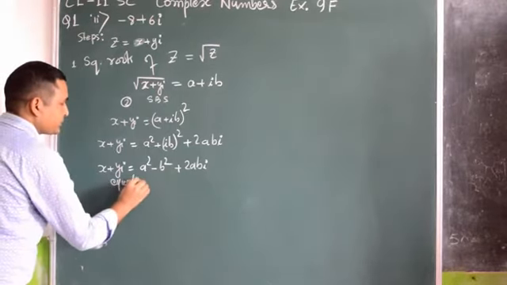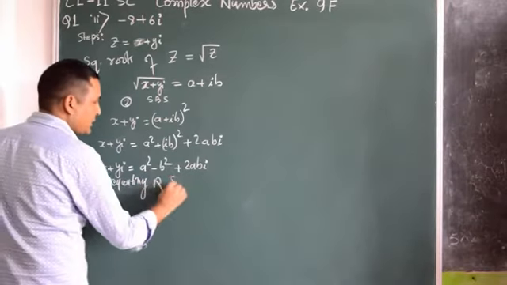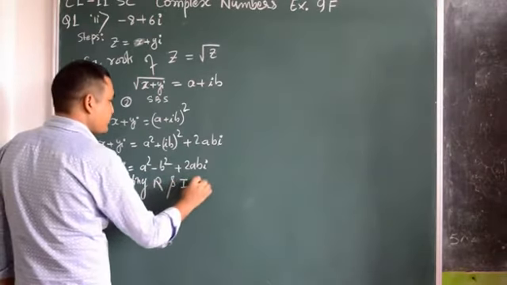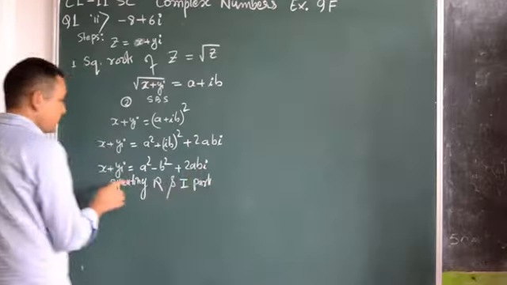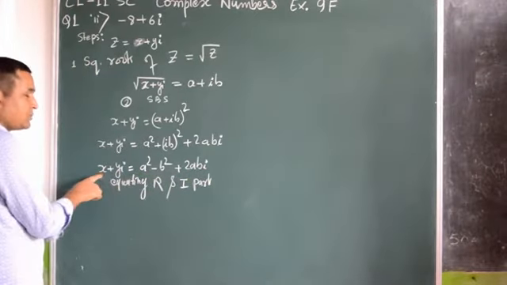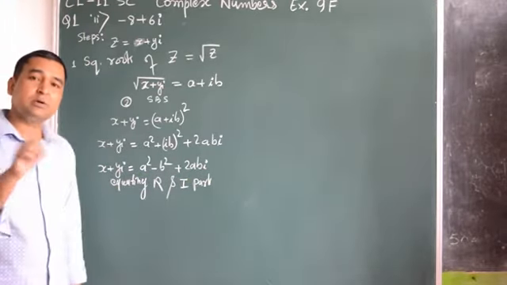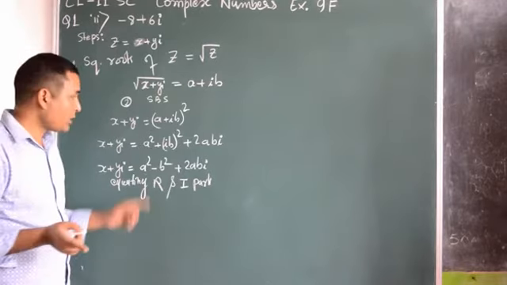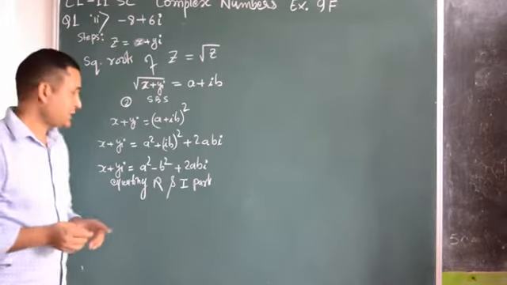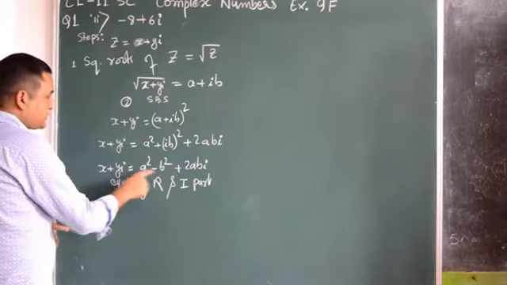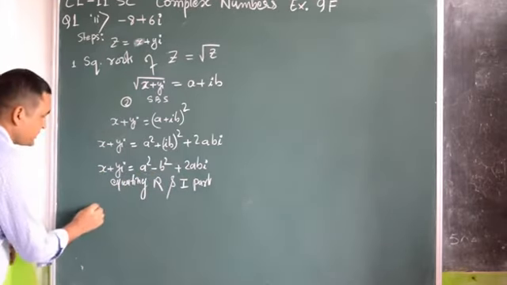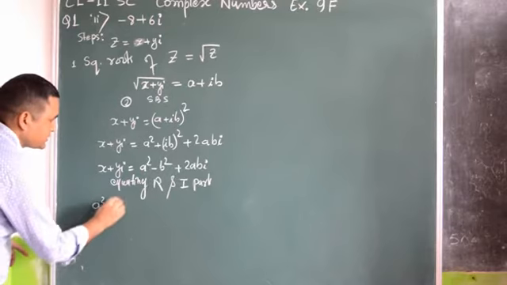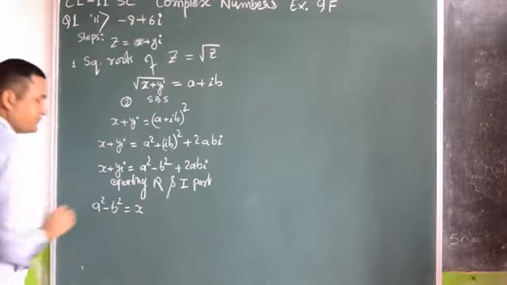Equating real and imaginary parts. That means this is real, this is real. The term without i is real, the term with i is imaginary. That means a square minus b square equals x.